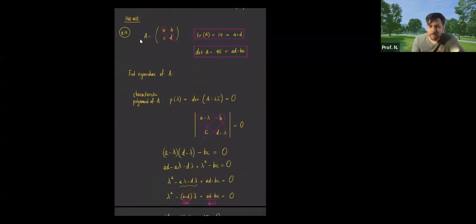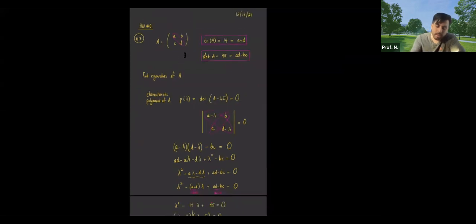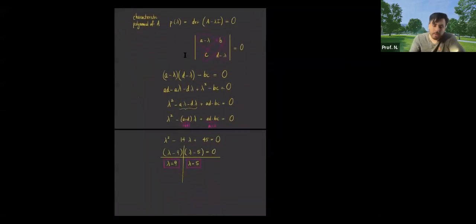When we understand that connection, we don't have to apply this step anymore. We can just go straight into the characteristic polynomial. Okay, any questions about that? That's problem number 17.